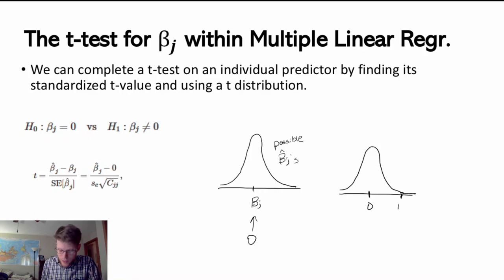So then we're basically finding how often we get a value this far away or farther by random chance. If we're doing a two-sided test, which we typically are going to do, we're going to shade both sides of this. How often are we going to get a beta hat j this far or farther by random chance if beta j really is 0? That's the center of this t-distribution. And that's going to be our p-value for this test.